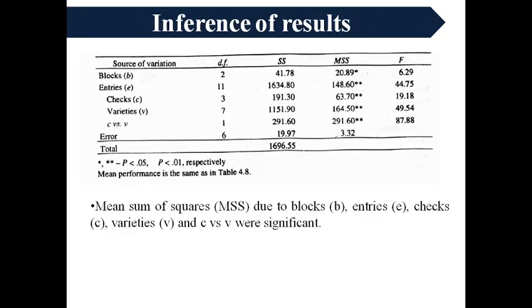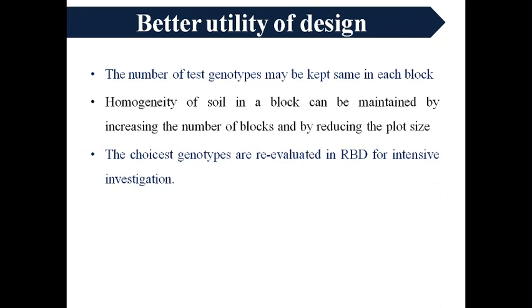So it is generally suggested to keep the same number of test genotypes in each block, say 10 each. However, this doesn't pose any problem while doing analysis in R. I tested it: even if blocks differ in the number of test genotypes, it will give output. There is no problem, but it is generally suggested to have the same number of test genotypes in each block.